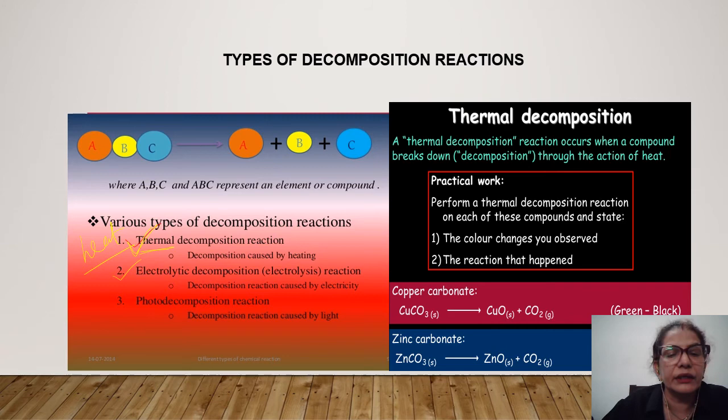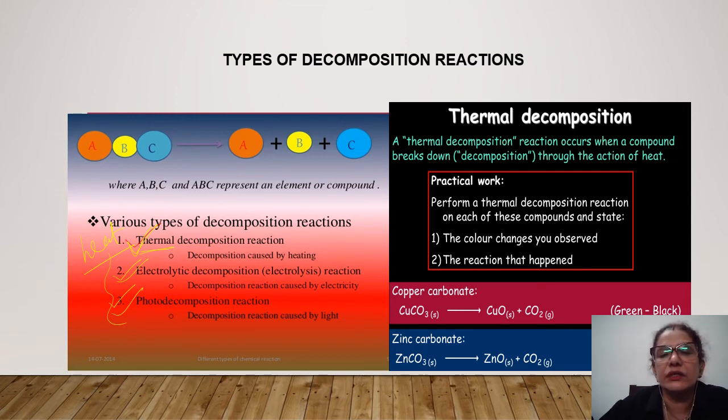Then electrolytic decomposition is when the decomposition reaction takes place in the presence of electricity. And photo decomposition or photolytic decomposition is when the decomposition reaction takes place in the presence of light. So there are three types of decomposition reactions depending on the condition or the agent which helps in the decomposition, either heat or light or electricity.